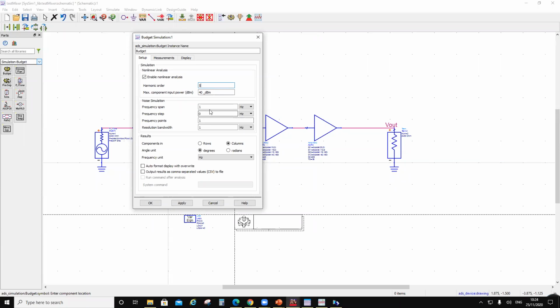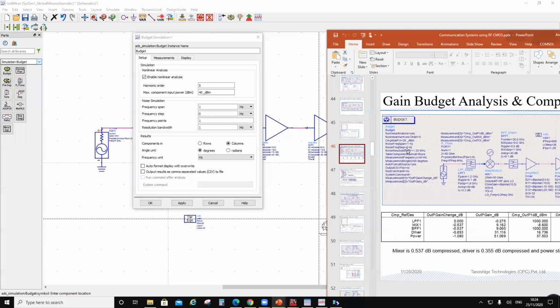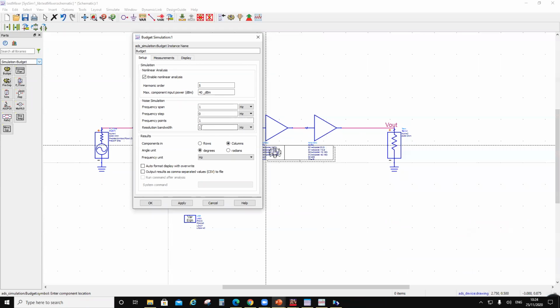Frequency span for noise simulation should be like a channel bandwidth. So let's see over here. For the noise span, I'm going to do per hertz computation. Then over the channel bandwidth, I have to put a resolution, which is for integration of power.